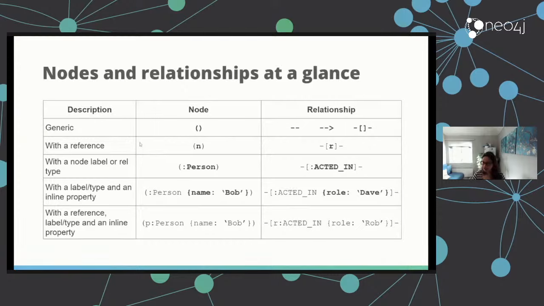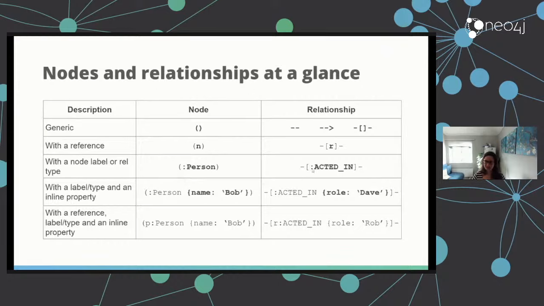We can add a reference. So if we want to come back to a specific node, or data about that node, or data about specific relationships, we can add a reference. You'll notice we just pop them in like this. If I want to refer to a specific node with a specific label, I will do this, in the context of :Person.